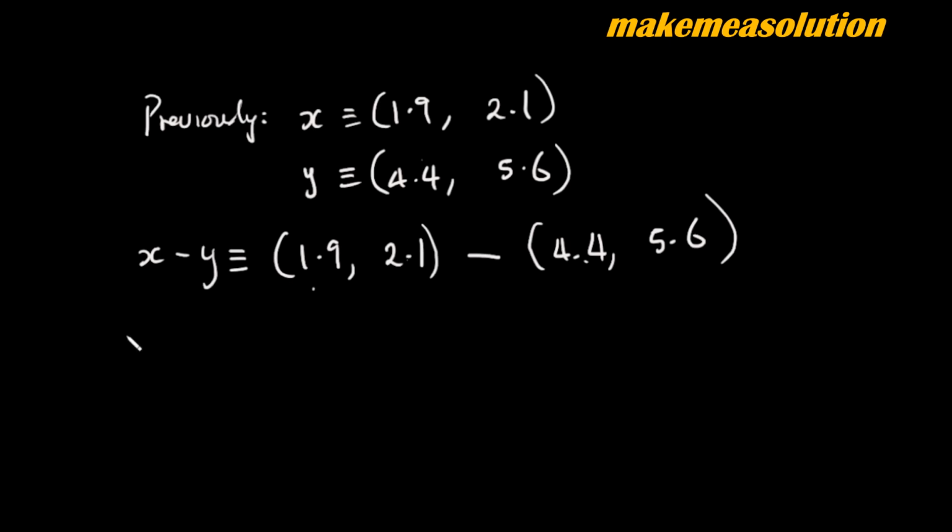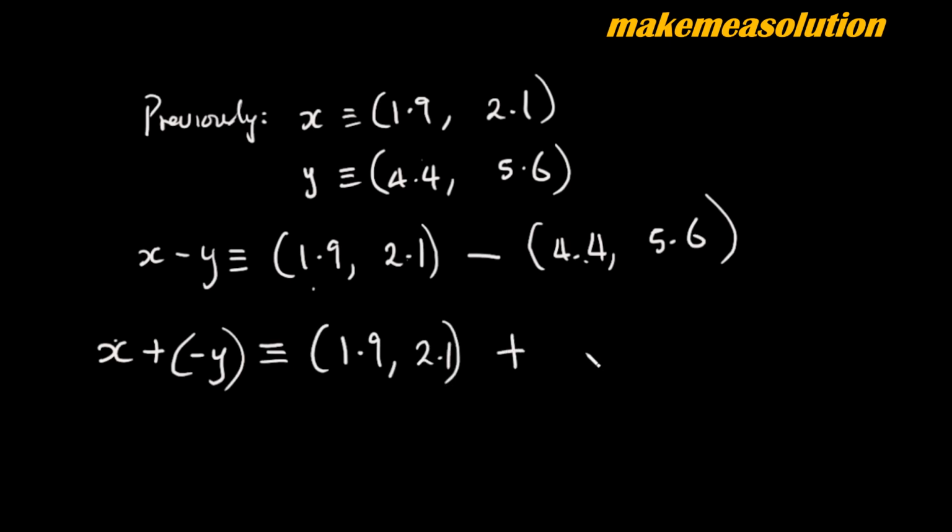Now this is what I'm going to do. I'll change this to x plus minus y. So we'll now have 1.9 to 2.1, plus minus open bracket 4.4 to 5.6.